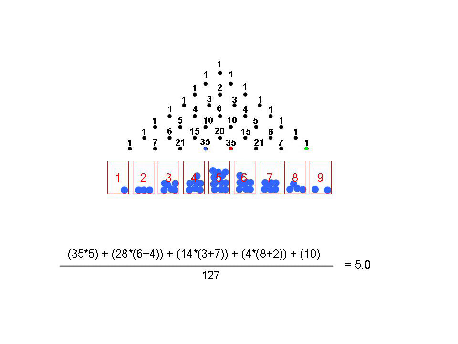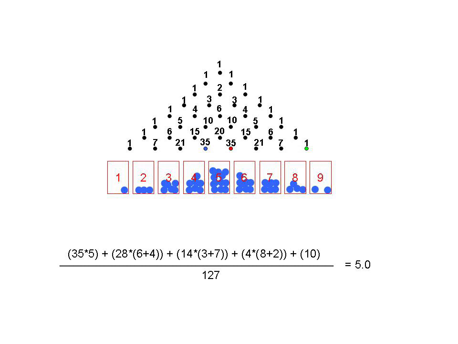So if we multiply the value of each container with the number of paths you can follow to get to that container, add them up together, and divide by the total number of paths you can follow in this triangle, you'll end up with the number called the expected value.